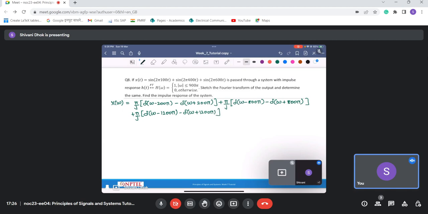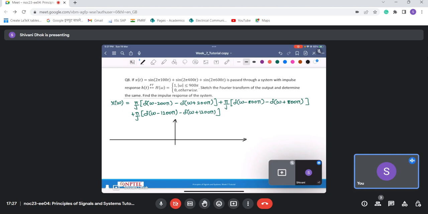Now let us try to sketch this. So let's say this is 0, and I'll draw the respective impulses and mention the value each carries at the top.